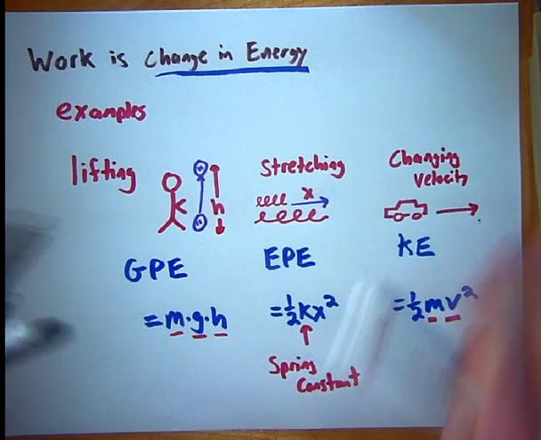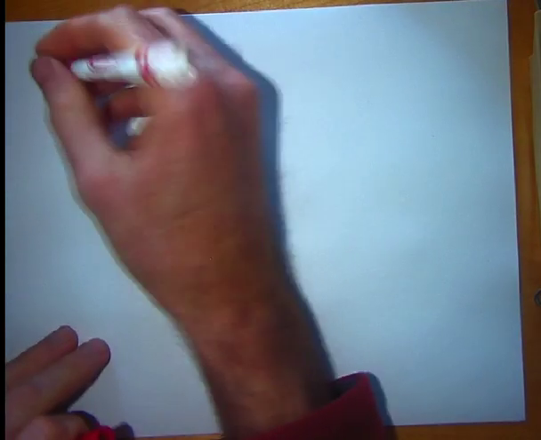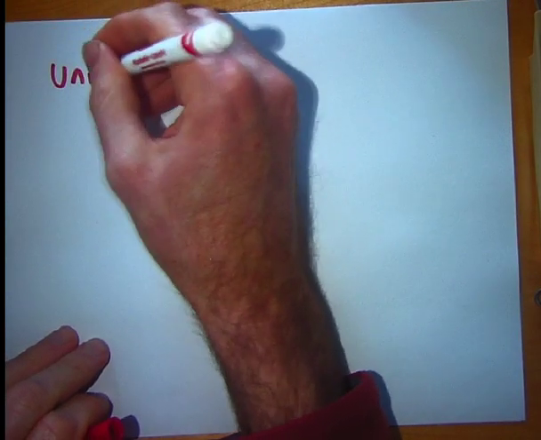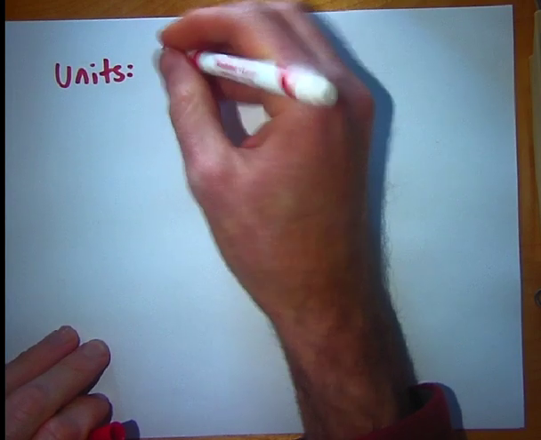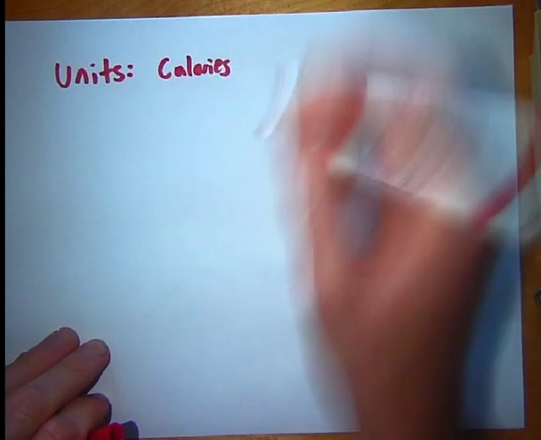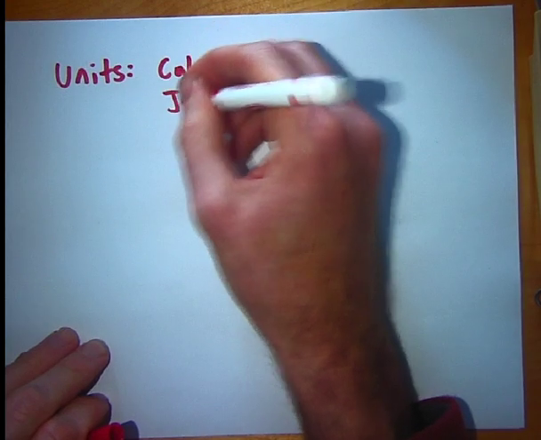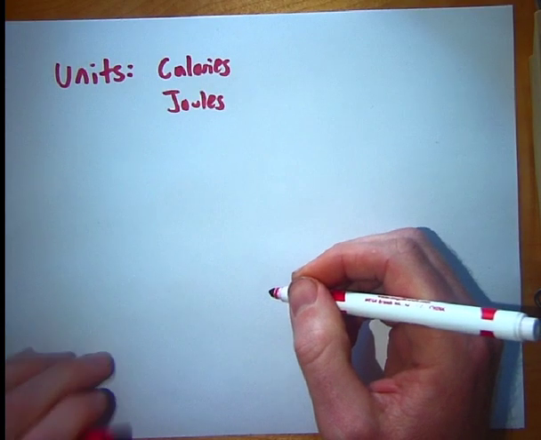So let's talk about units. Go to a new page right here. Let's talk about units for energy and subsequently also for work. Some potential units for energy that you've heard of before are calories and joules, which are main units for energy. There are other types of units for energy as well.